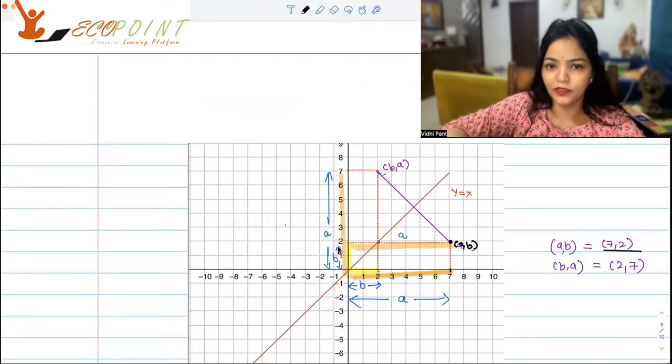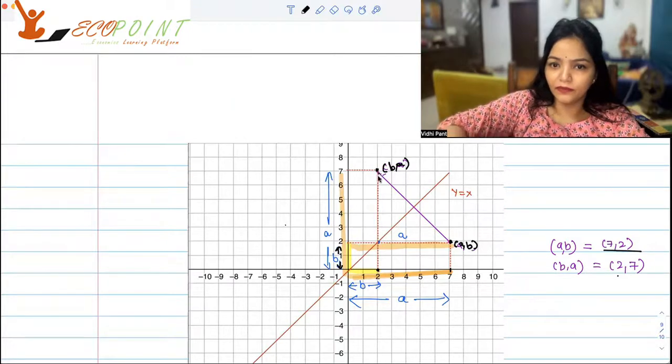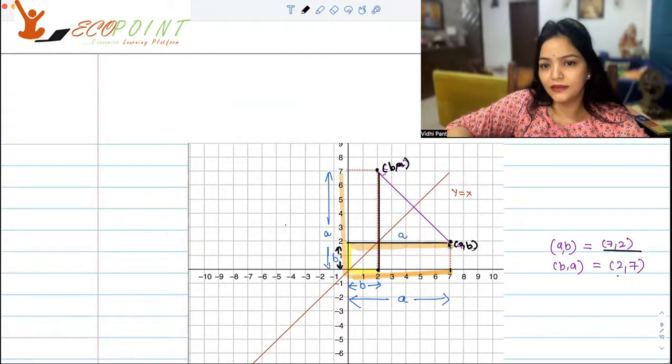This is (A, B). Now (B, A) will be (2, 7), right? So this is 2 and this is 7. So this is (B, A), where the y-axis value is 7 and the x-axis value is 2. Now, can you see the lines that I have created here? This line, this line. This is for us to understand what's happening here.